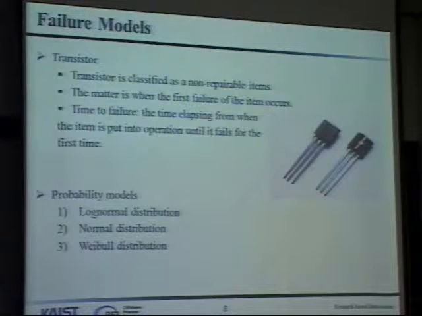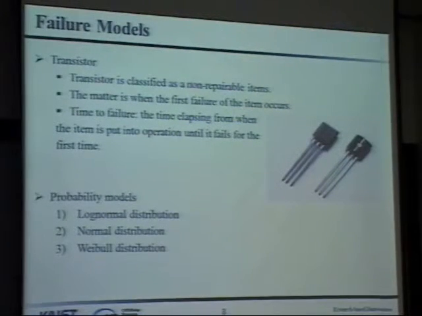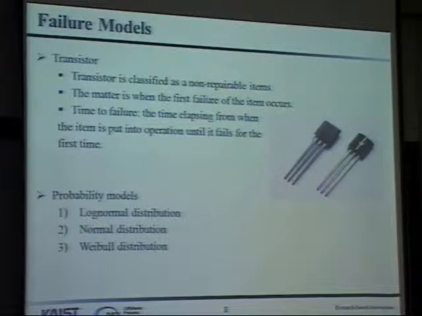A transistor item is exempt to get the data set. If the transistor is classified as a non-repairable item, we are only interested in studying the transistor until the first failure occurs.